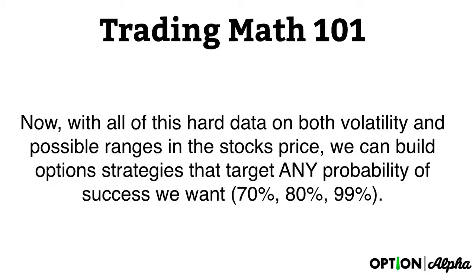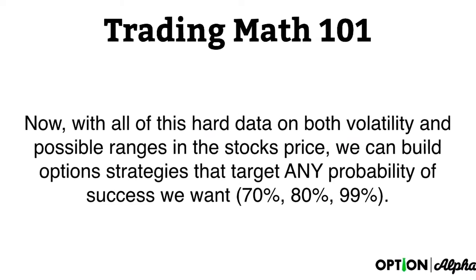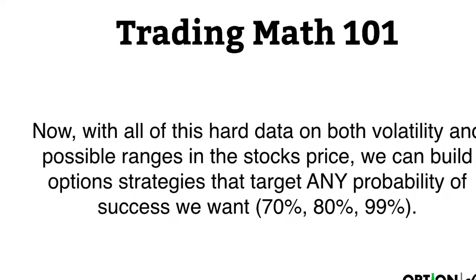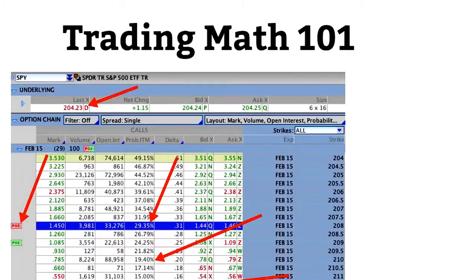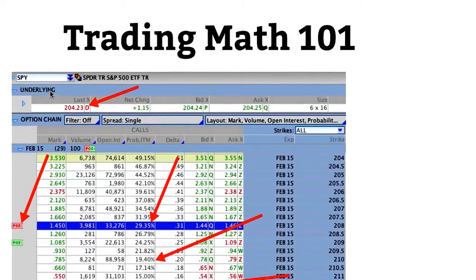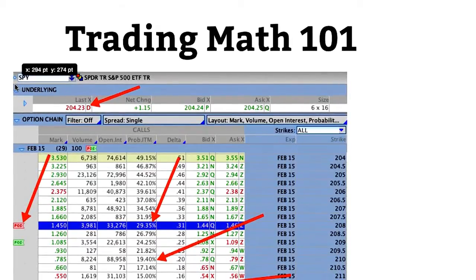If you're trading stocks, your win rate is 50-50. You have a 50% chance the stock goes up. You have a 50% chance that the stock goes down. But with options, we have the awesome ability to target any probability of success that we want. So let's look at a really specific example here. This is a trade tab of SPY, which is the S&P 500 index.